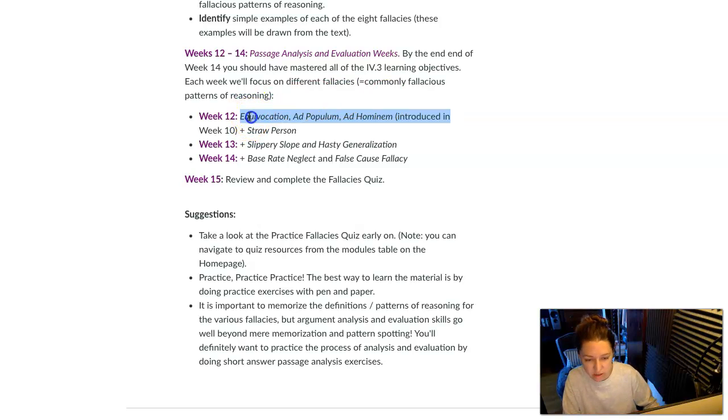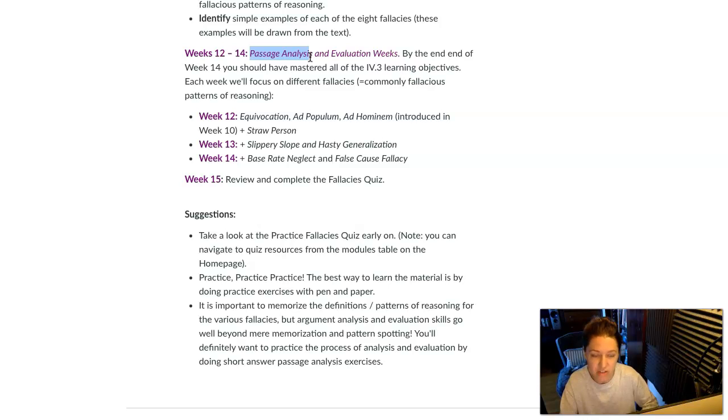But for these non-short answer questions in this week's homework, you'll want to use the passage analysis process to answer them, because one of the most important things we're doing is actually evaluating the argument we're given, and some of them will merely look like fallacies, as in they kind of have some similarities to the pattern, but are not actually fallacious.